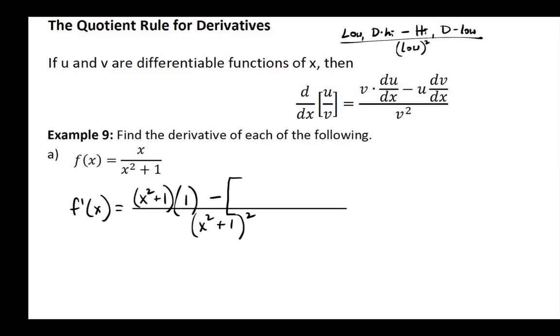I always do brackets because I'm subtracting that whole mess of stuff. Over here, it's high, x, times d low, the derivative of the bottom, which is just 2x.